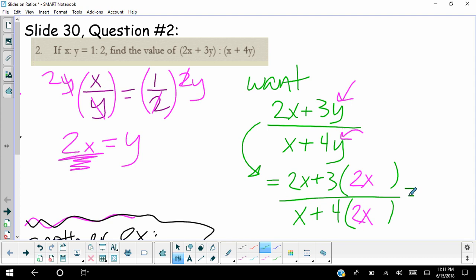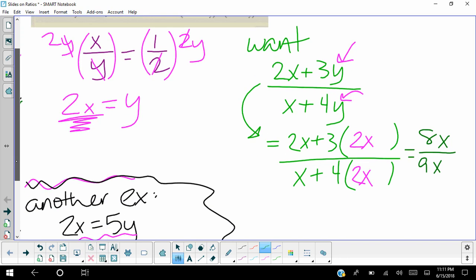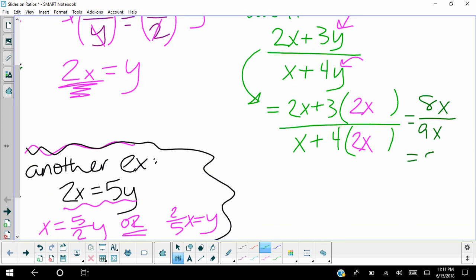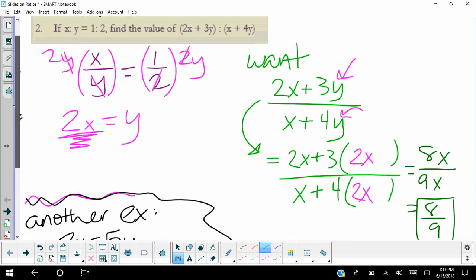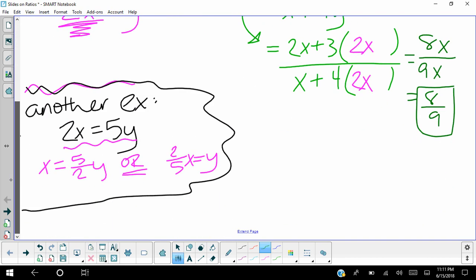And so then that means on the top I have 2x plus 6x, that's 8x, over x on the bottom plus 8x, that's 9x. Notice that those x's will cancel or reduce with one another, and so my overall ratio is 8/9. The ratio of 2x plus 3y to x plus 4y is 8/9.